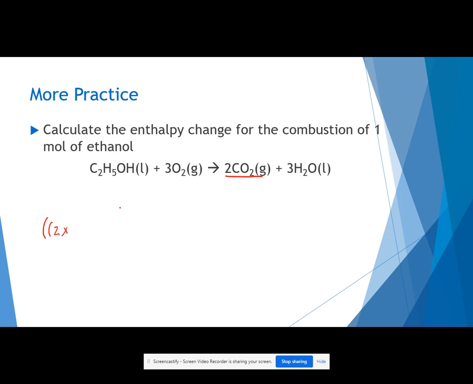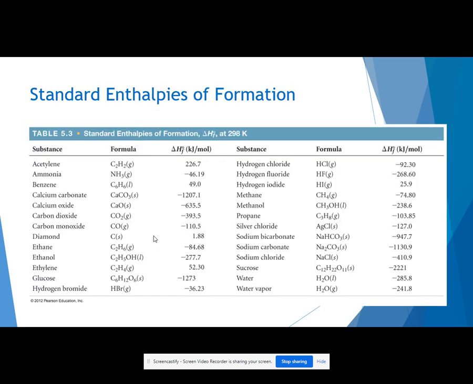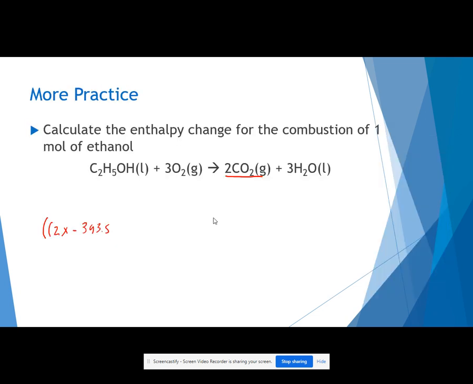Hopefully you guys got your CO2 value to be negative 393.5. Then you add it to your other product. So here my other product is H2O liquid. So I have 3 times my H2O liquid. Hopefully you guys got that as negative 285.8.